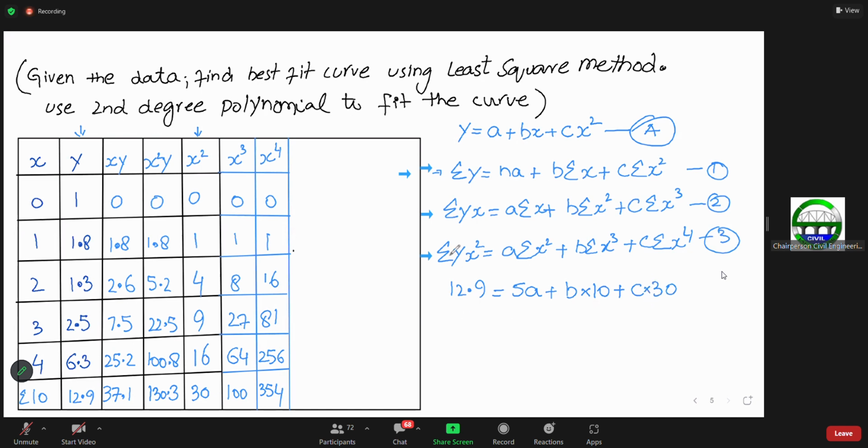And then sigma xy, 37.1, is equal to a sigma x. Sigma x is equals to 10, a plus x cubed, 100, x squared, sorry, this one is x squared is equals to 30.